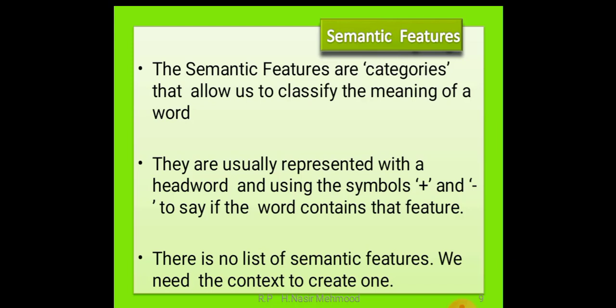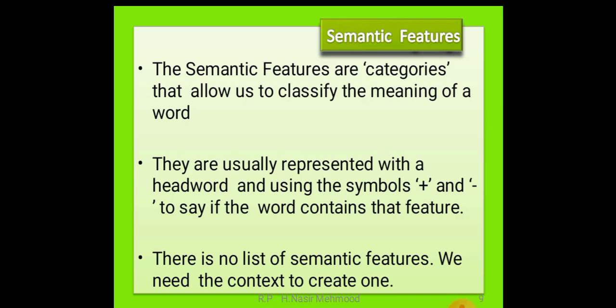A category means a class of expression which shares common characteristics. If I say, for example, bird, this is one category, and certain characteristics would be considered common among all those entities which belong to this category of word.